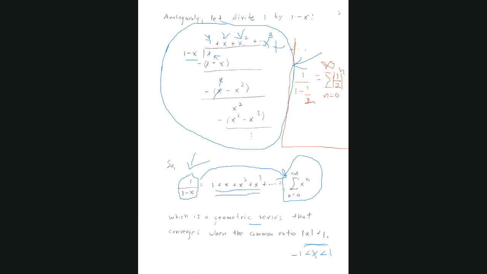Is that true? What I'm doing is I'm picking a value for x. I'm saying let x be a half. Here I'm saying let x equal a half. And then 1 over 1 minus a half, would that equal then this series where n equals 0 to infinity of 1/2 to the nth power?